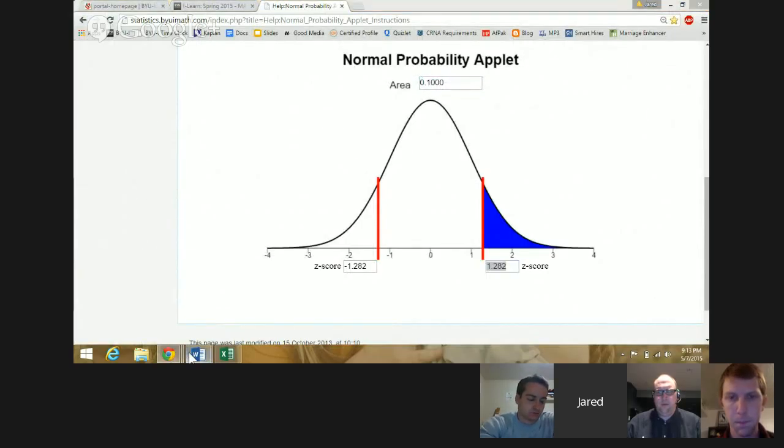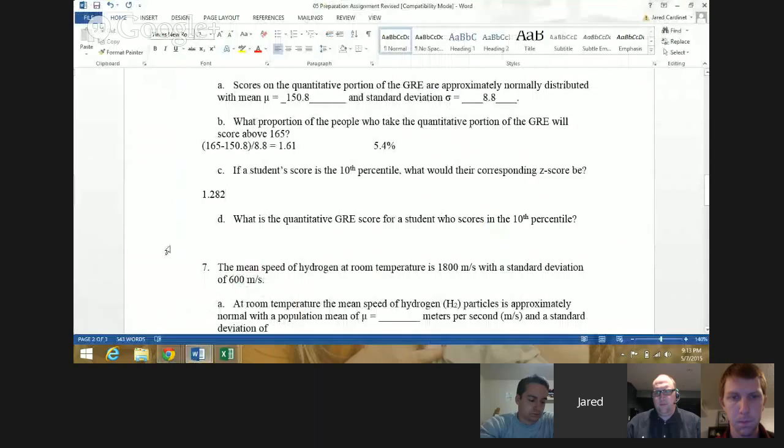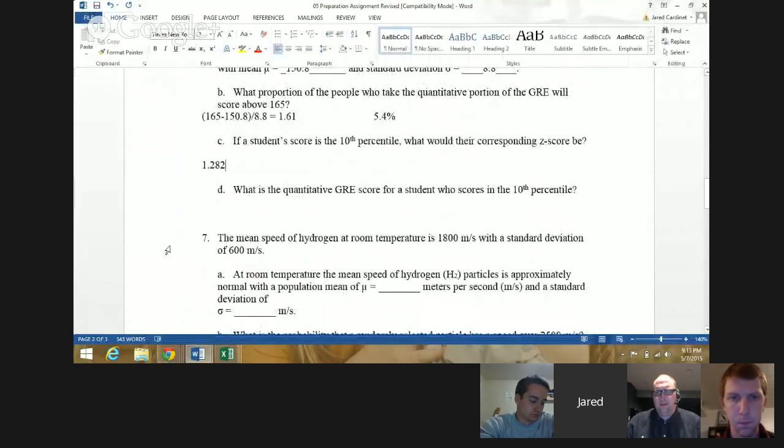And the last part: what is the quantitative GRE score for a student who scores in the 10th percentile? Oh, so we have to solve for X now. Is the 10th percentile the lower portion of the curve? Yeah, the 90th has to be the higher portion. So it'd be negative 1.282 for the z-score.